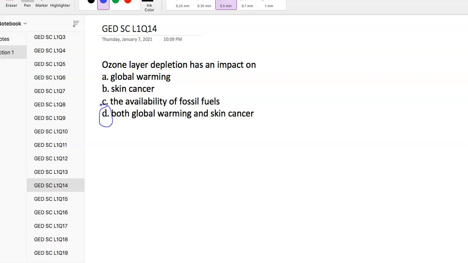Let's go over this for a sec. Atmospheric ozone has 2 effects on the temperature balance of the Earth. It absorbs solar ultraviolet radiation, which heats the stratosphere. It also absorbs infrared radiation emitted by the Earth's surface, effectively trapping heat in the troposphere.